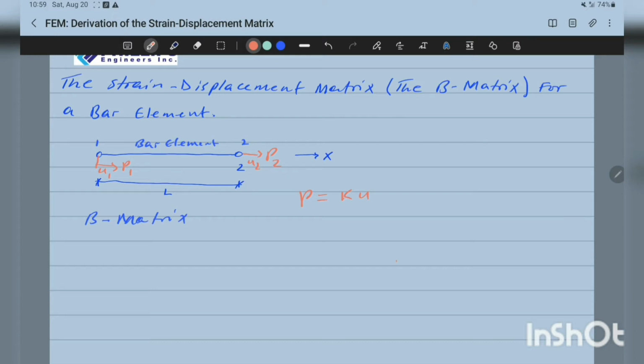And in the previous example, we established that for forces P1 and P2 at node 1 and 2, the equation can be given by EA over L, that is the stiffness, negative EA over L, negative EA over L, and EA over L, times the nodal displacements u1 and u2.